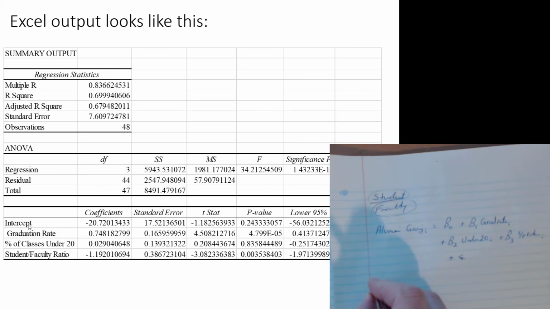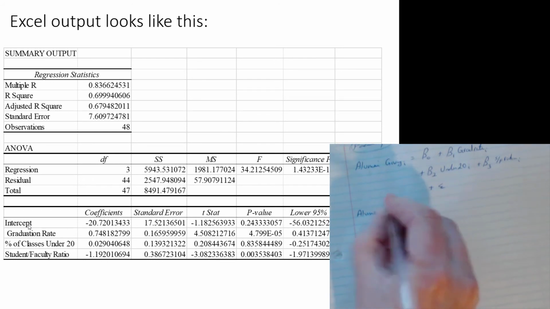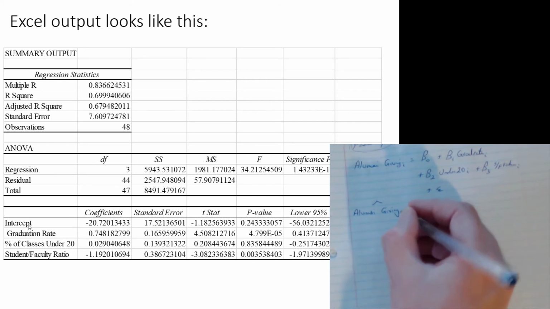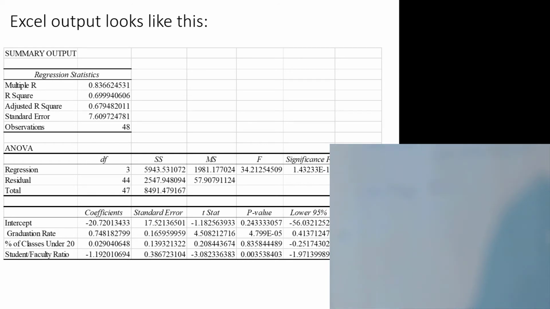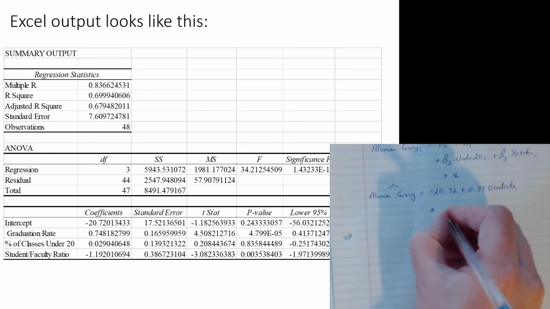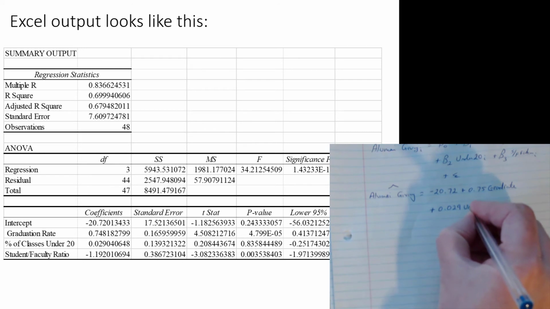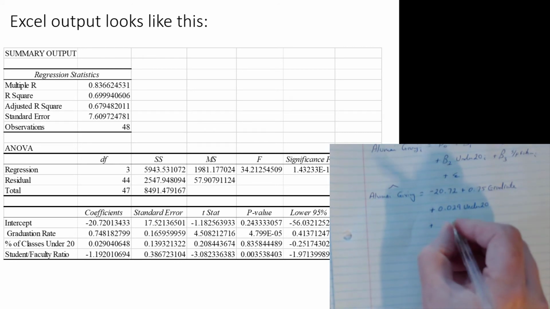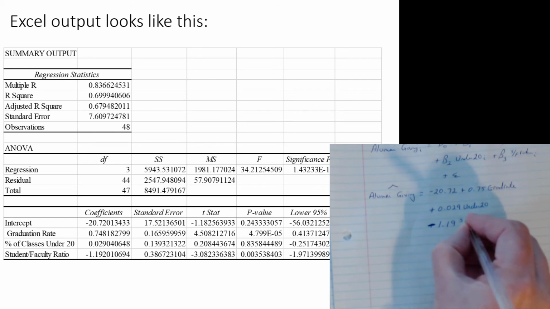We can look at our estimated equation. It's alumni giving hat, I could use the expected value, and we have particular estimates: equals minus 20.72, rounding a little so we're not writing so much, we can always look up the exact numbers later, as our intercept, plus 0.75 times the grad rate, plus 0.029 times the under 20, and then lastly minus, we were expecting that, 1.19 times the student faculty ratio.